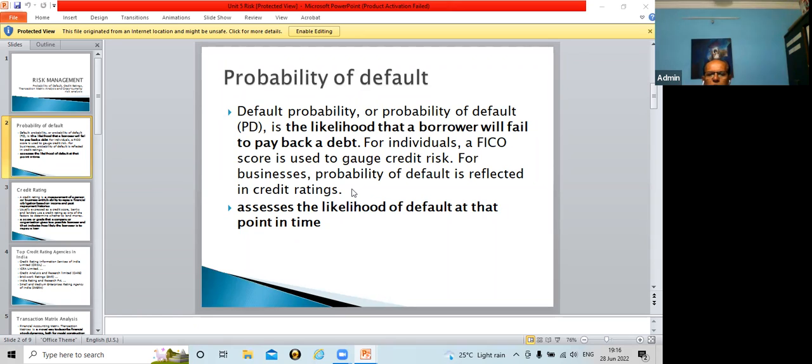Your credit score immediately goes down. And in that case, suppose you are again going for a loan with some other bank, that bank will come to know that you were a defaulter with the earlier bank. So the next bank may not sanction you a loan. So these are some consequences associated with default cases.